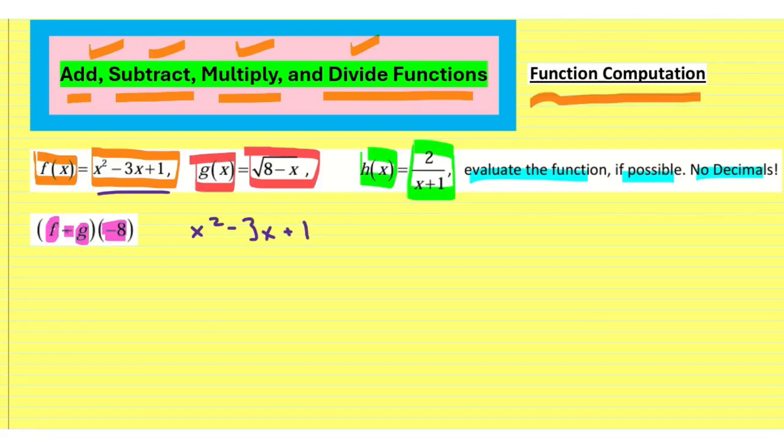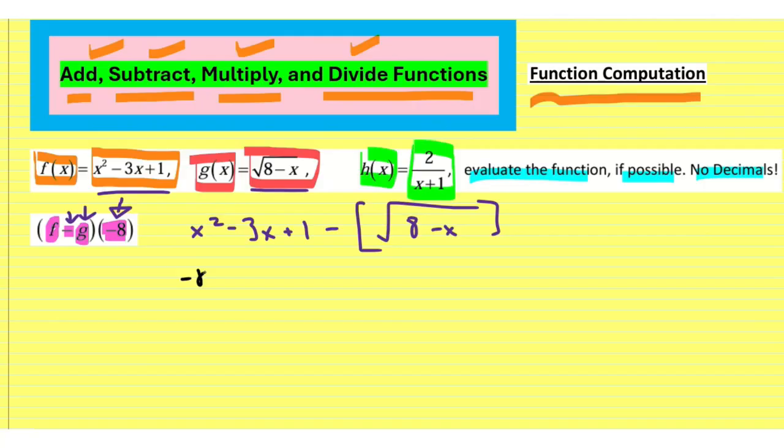And then I'm going to subtract, so minus, and subtract all of the g function right here. So my g function is right here, so it's square root of 8 minus x. And then I'm going to evaluate both of those functions with a negative 8 in them. So I'm going to put a negative 8 inside everything where there is an x.